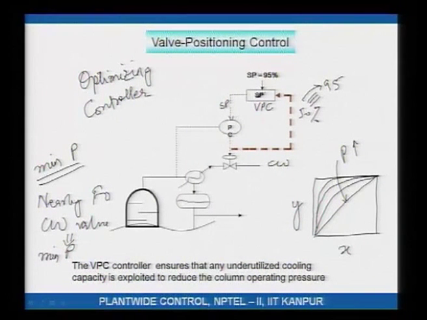What the valve positioning controller is essentially doing is saying that my cooling water valve is not fully open, that means I can reduce the pressure of the column. When I reduce the pressure of the column, the pressure controller opens the cooling water valve, and slowly but surely my cooling water valve approaches a nearly fully open condition, and once it approaches that condition, my column is operating at as low a pressure as possible, which is what I desire.